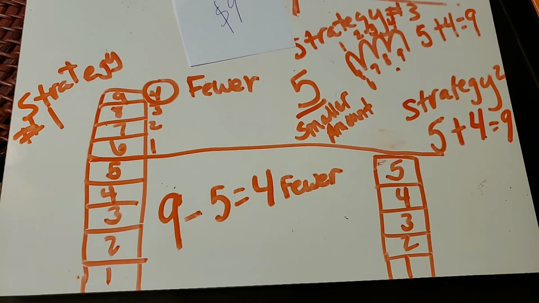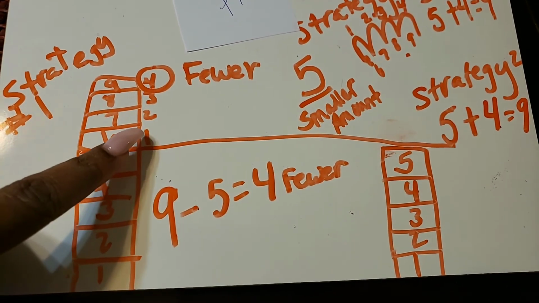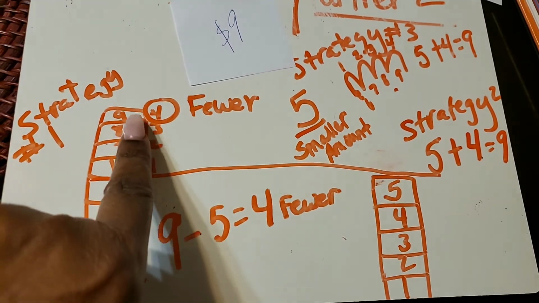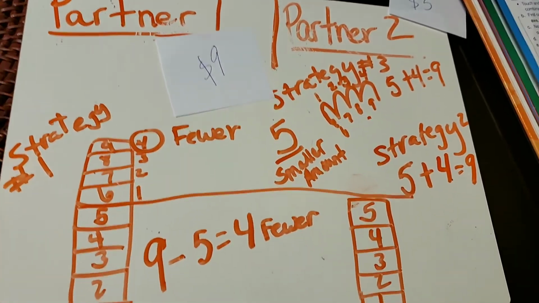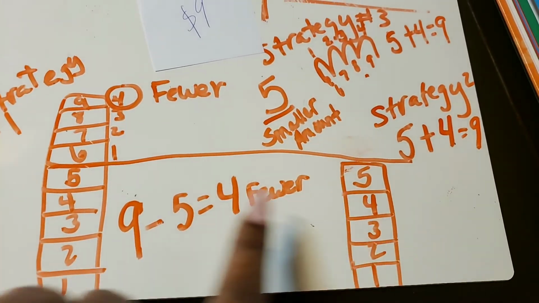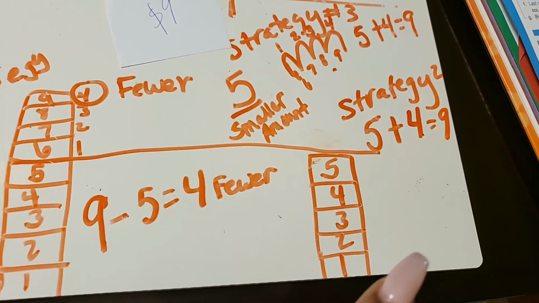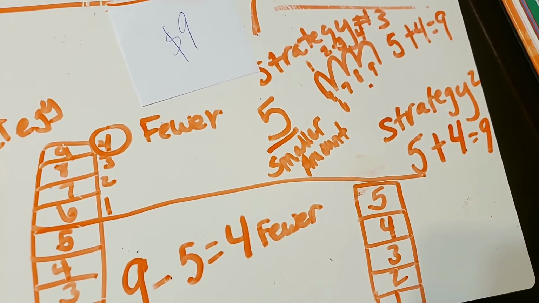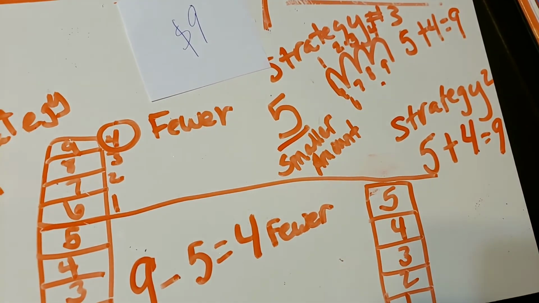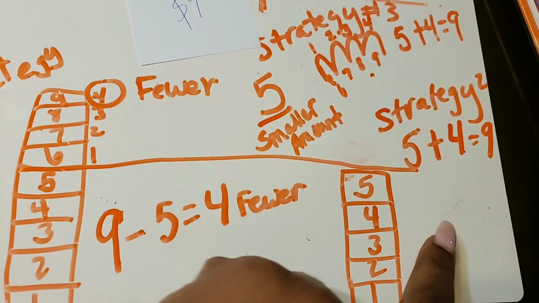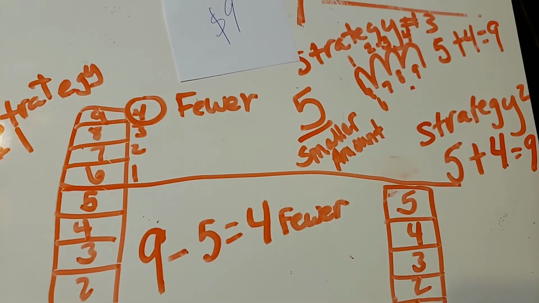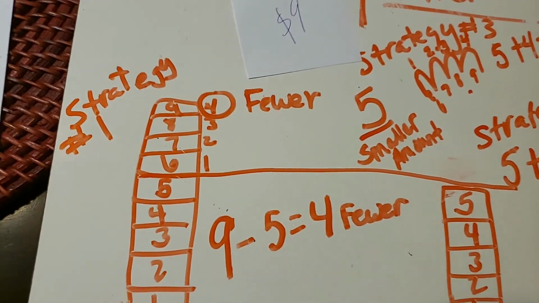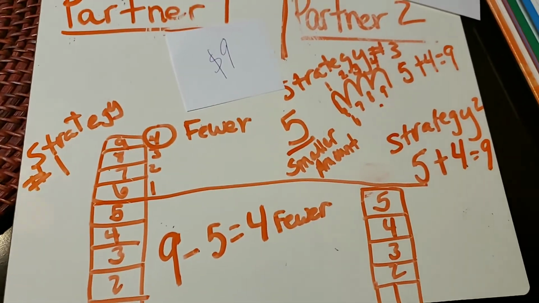Did you cut off the extras and count up to what partner 1 has? Did you take away what's the same in both groups? Or did you take the smaller amount and see how many this one would need to catch up to the other? Either way, you should always be ready to show how you know and show your strategies.